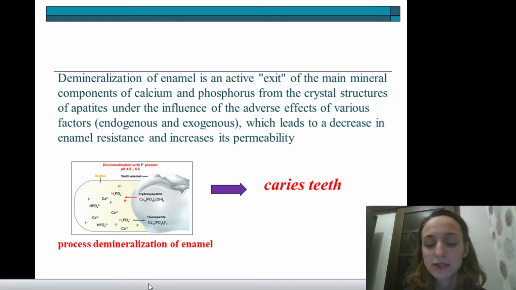Demineralization of enamel is an active exit of the main mineral components, calcium and phosphorus, from the crystal structure of apatites under the influence of the adverse effects of various factors. These factors can be endogenous and exogenous, which leads to a decrease in enamel resistance and increases its permeability.